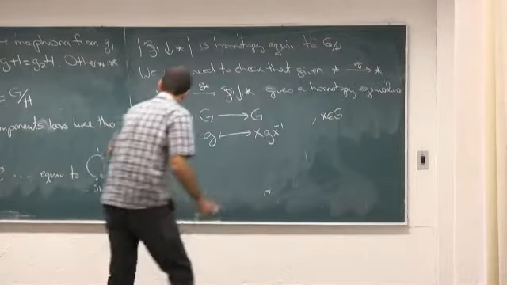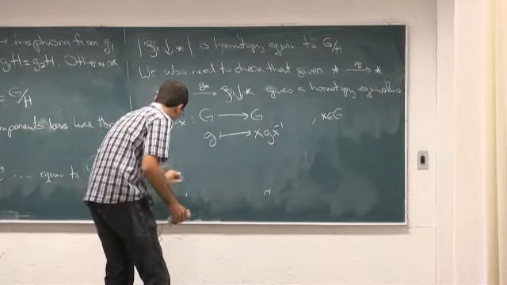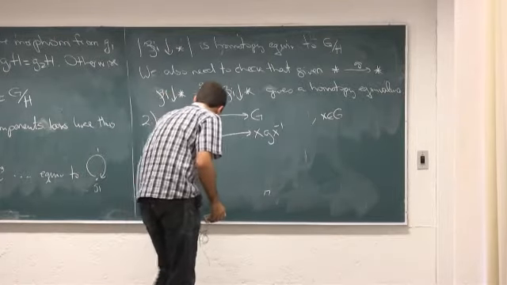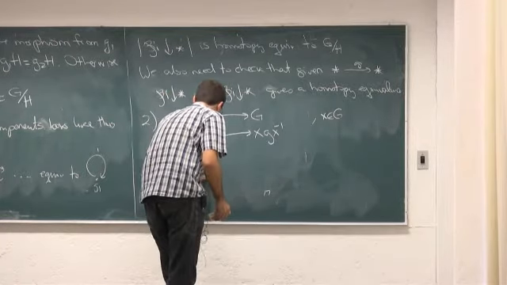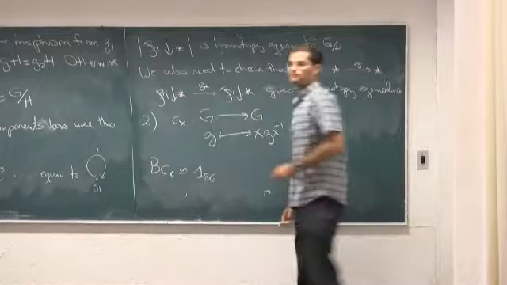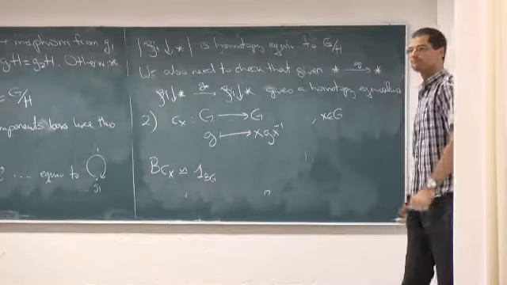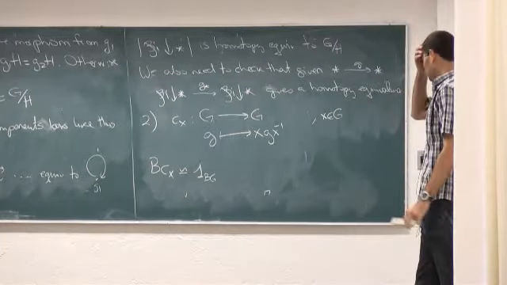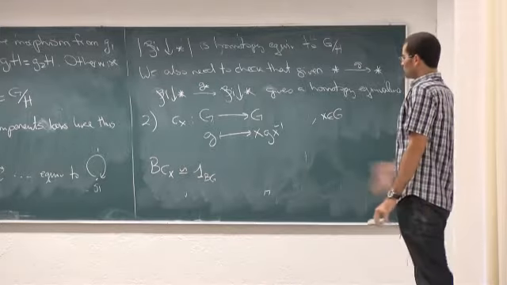So one can show that BCx is homotopy equivalent to the identity on BG. And that's also not hard to show.